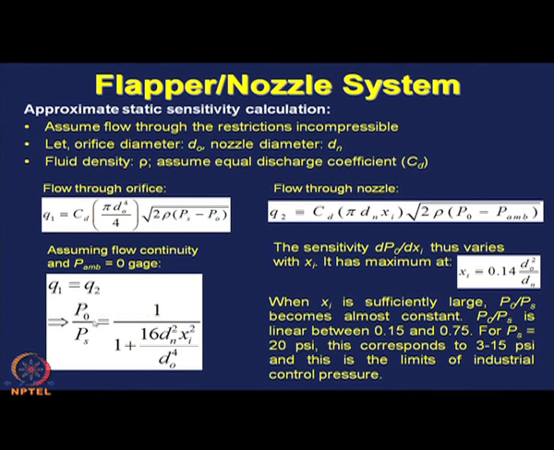Now, PO is the signal pressure and PS is the supply pressure. So, P0 by PS can also be taken as the normalized signal pressure or output pressure. It is now clearly seen that the sensitivity, which can be represented as d by dxi of this, varies with xi.